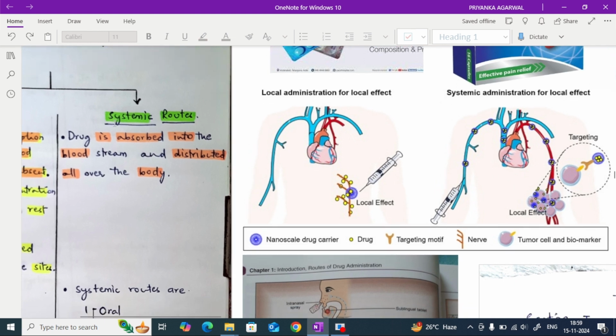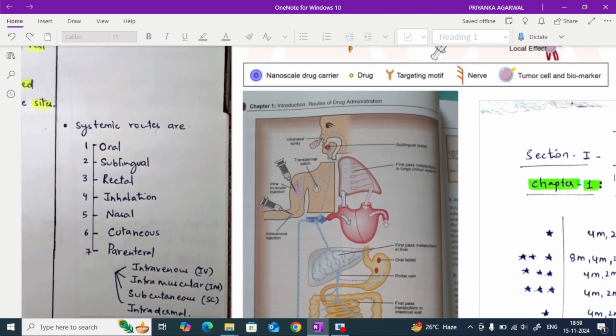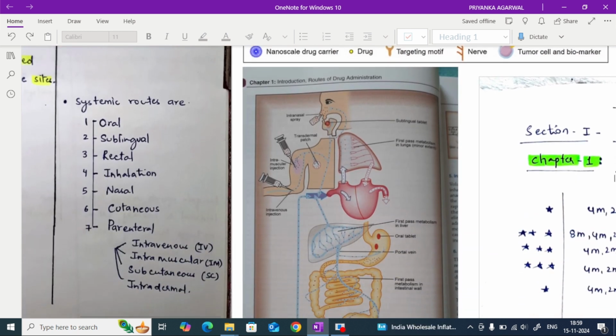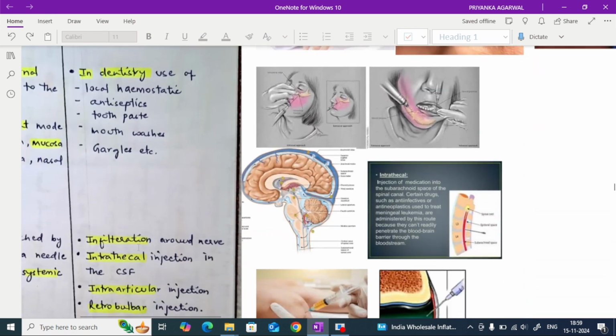Among the systemic routes, we have oral, sublingual, rectal, which are related to GIT; inhalation and nasal, related to respiratory; cutaneous, related to skin; and parenteral, where we have intravenous, intramuscular, subcutaneous and intradermal. We will go through each one in detail now.